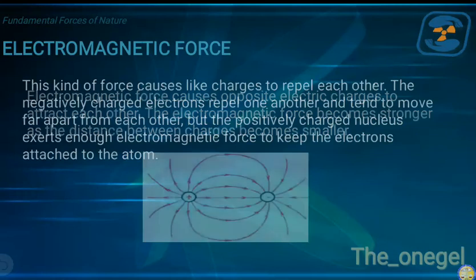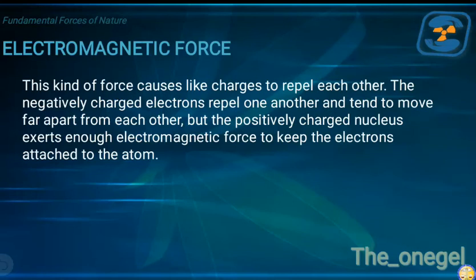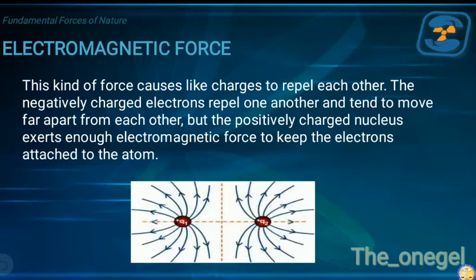Okay, so now the kind of force which causes like charges to repel. This force causes electric charges to repel each other. The negatively charged electrons repel one another and tend to move far apart from each other. But the positively charged nucleus exerts enough electromagnetic force to keep the electrons attached to the atom.